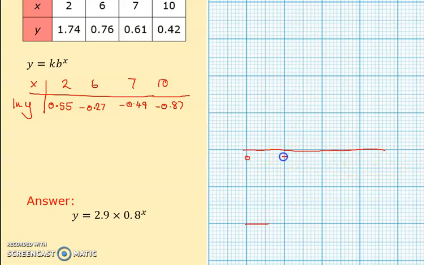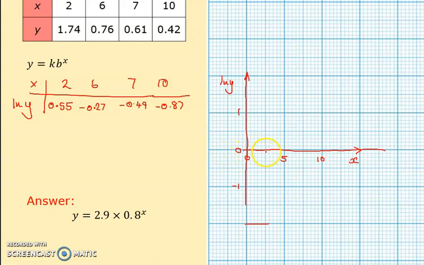So why don't I do 0, 5, 10. There you go. That was a really simple axis. That's x. And going here, I need to go from 0.55. So why don't I just do 0, 1, minus 1. That's what I mean about when you do this on this math. Don't make it overly complicated for yourself. So hopefully that will give me a straight line when I do it.